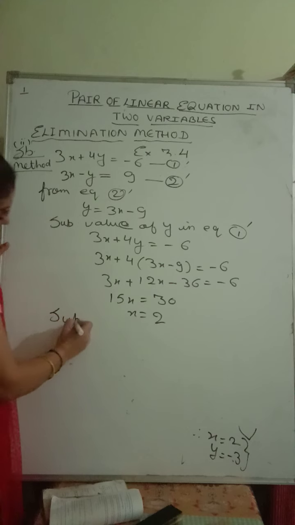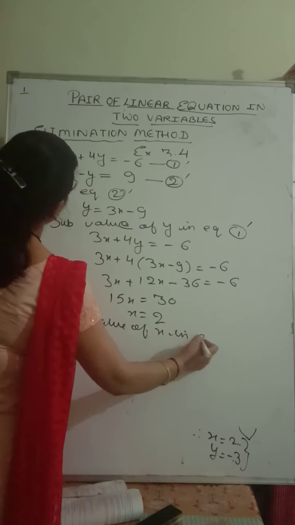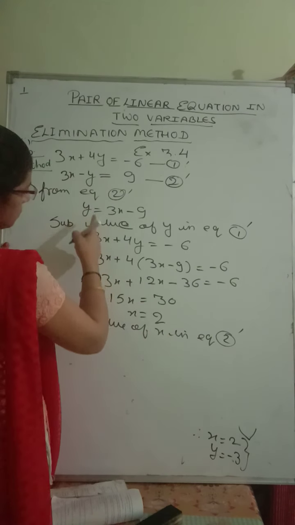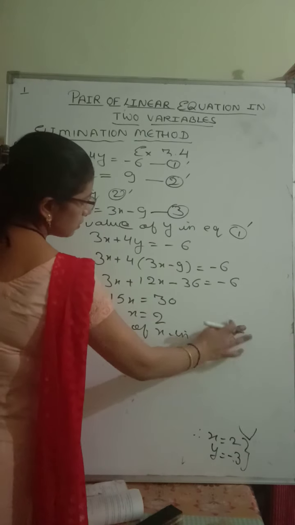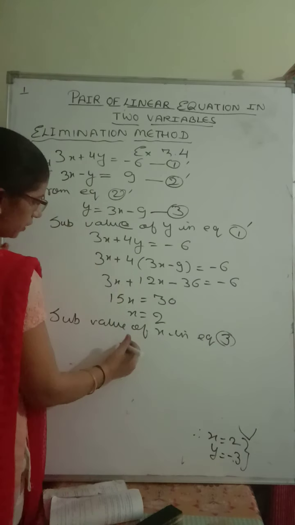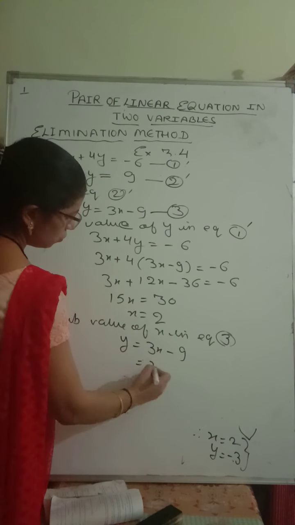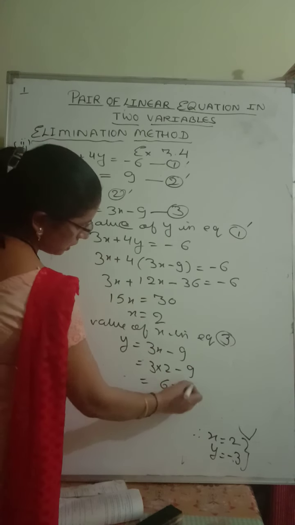Now substituting value of x in equation 2 dash. Okay, or we can write substituting value of x in equation number 3. So what is value of y? y is equals to 3x minus 9. So 3 into 2 minus 9. 6 minus 9, minus 3.